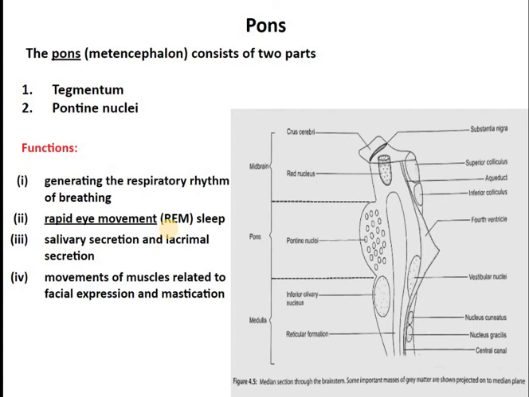Next, the last one: the pons is associated with the contraction of the facial muscles to express facial expression. Suppose a person is angry, we can easily read his face and say that he or she is very angry now. If a person is happy, there is an impression on the face that she or he is happy.